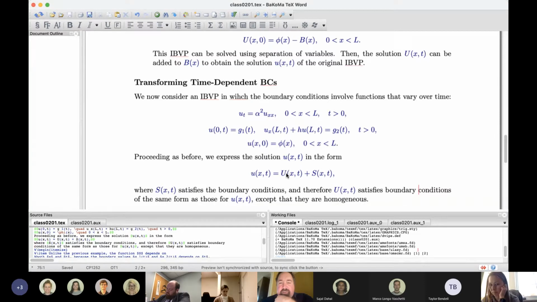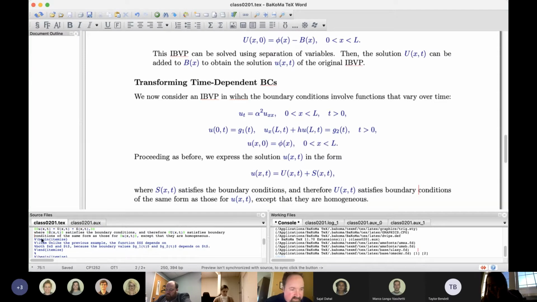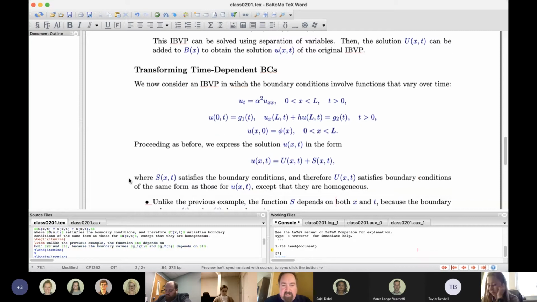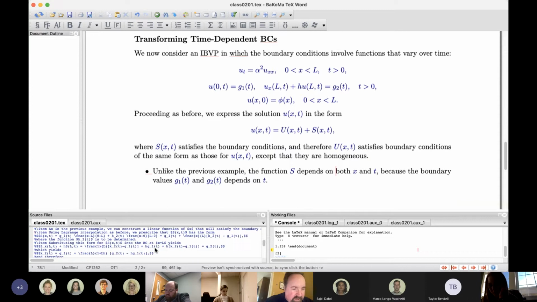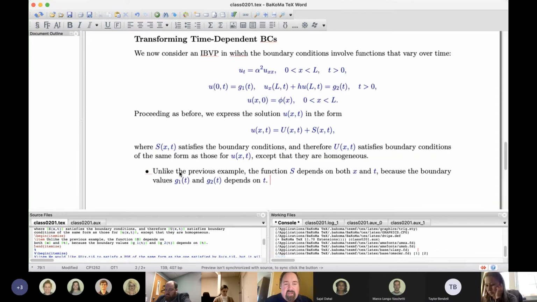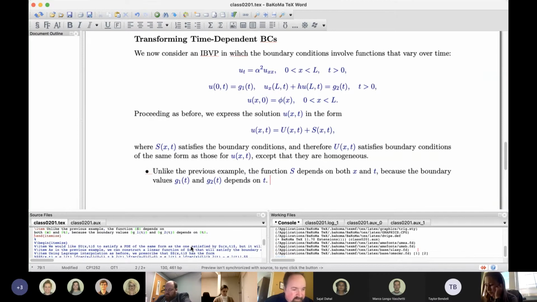Therefore, the difference, capital U, will satisfy homogeneous boundary conditions where you have zeros here. Okay, so we have to keep in mind that S will now depend on t.